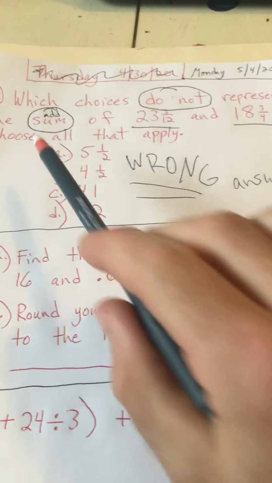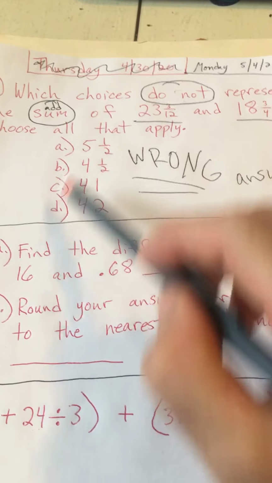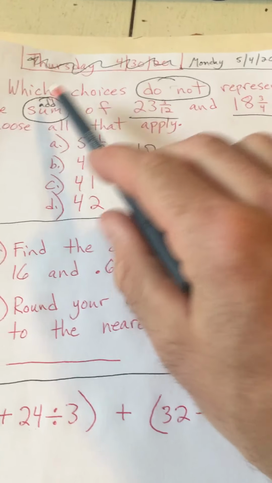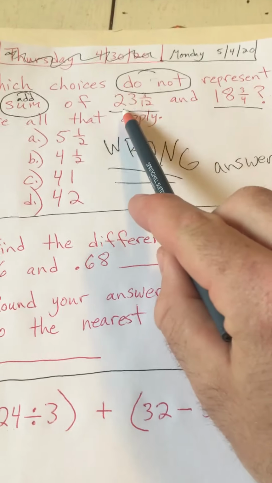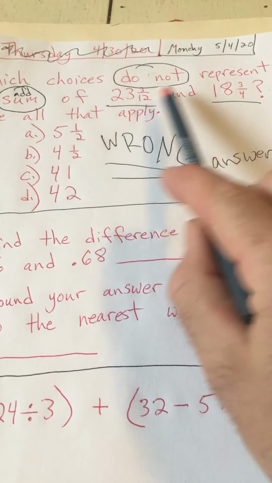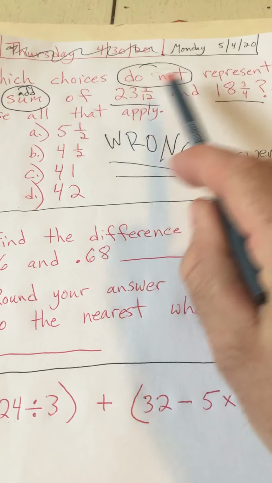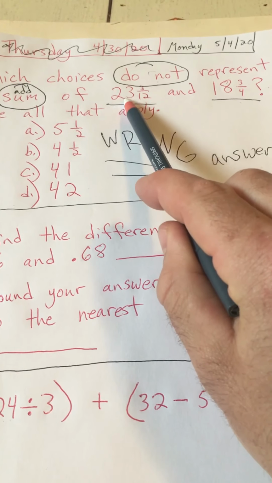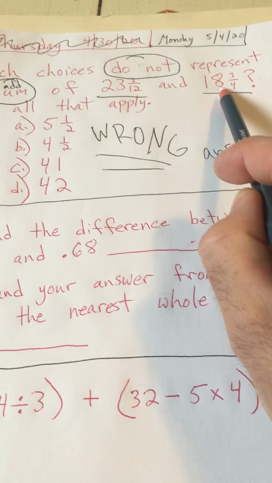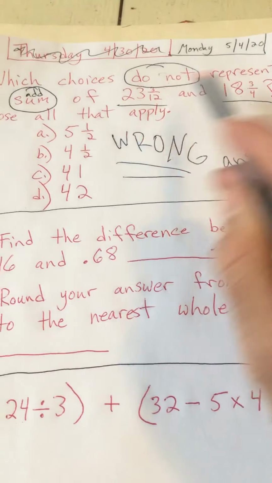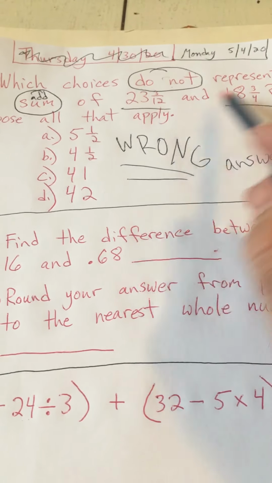So we got to find the wrong answers, which ones do not get you to the right answer when you add these two numbers. So if we look at these numbers, it's 23 in a fraction plus 18 in a fraction. So 23 wholes plus 18 wholes is up in the 40s, right? 23 plus 10 is 33 plus 8 more gets you around 41, maybe 42, depending on these fractions.